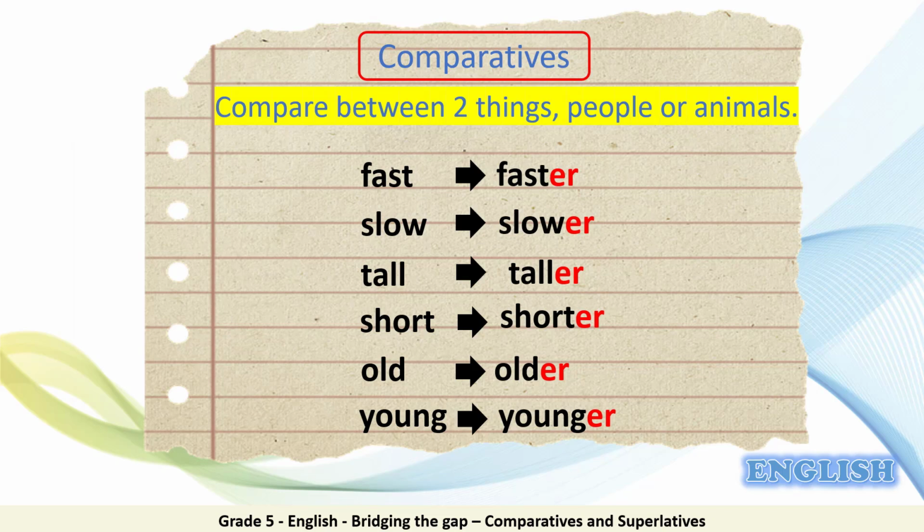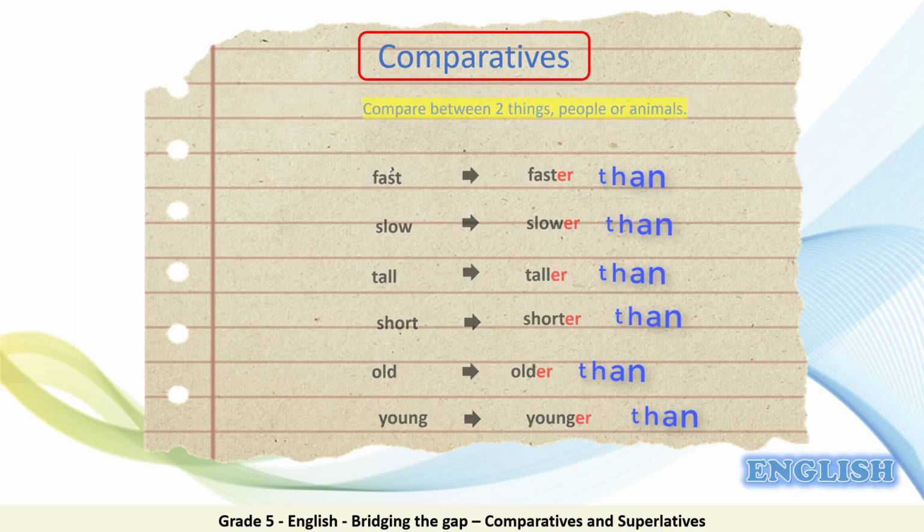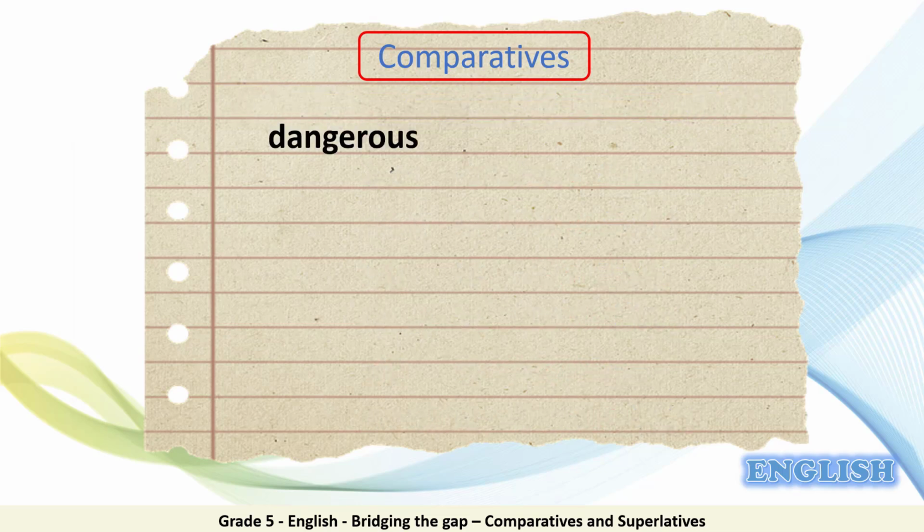Just add ER to the short adjective and add then afterwards. Okay, like these adjectives. What about the long adjectives? Like this one, dangerous. Well, just add more before this adjective. The comparative form would be more dangerous.